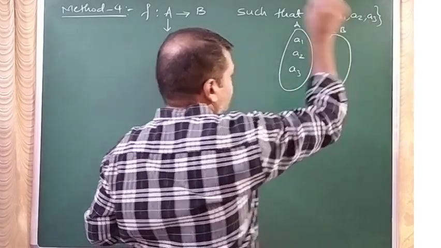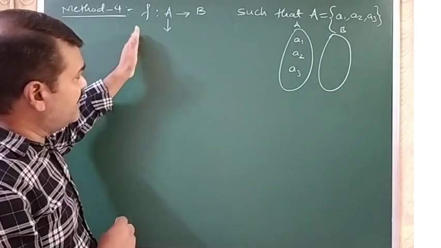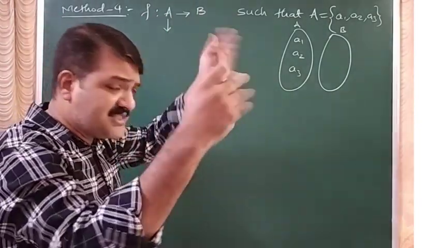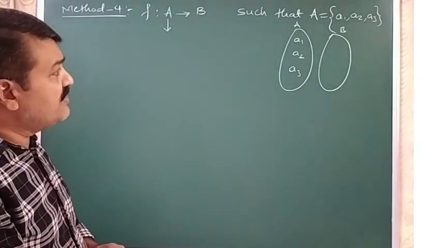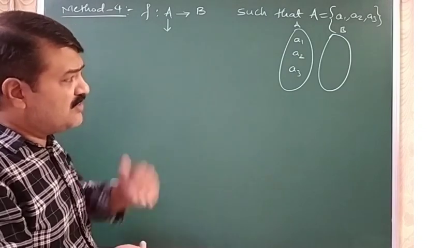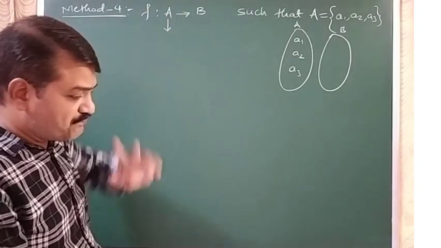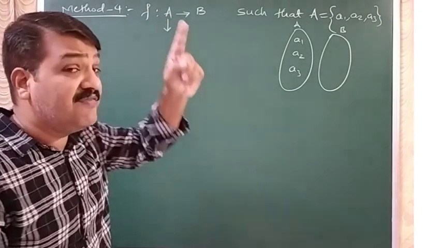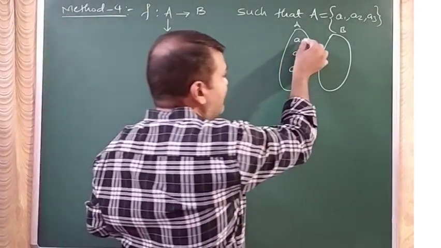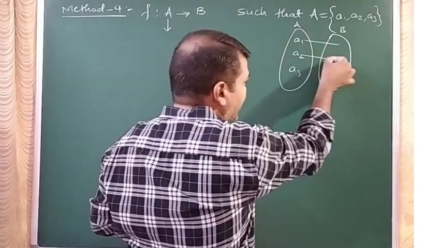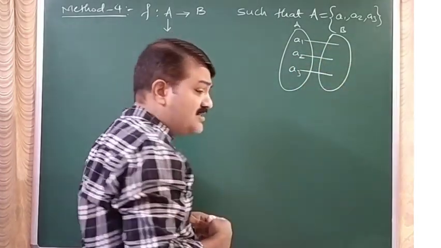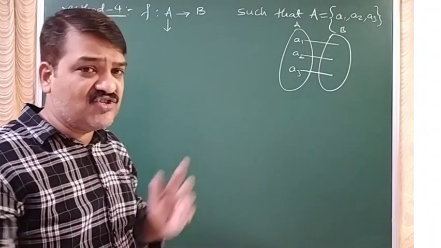The codomain we are not interested in, it may be something else. So we want only the range. Range is set of images. So find the image of A1, find the image of A2, find the image of A3. That's all. Set of images will be range.